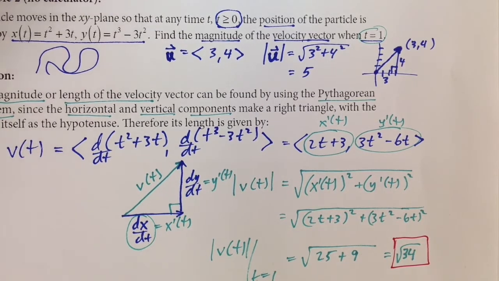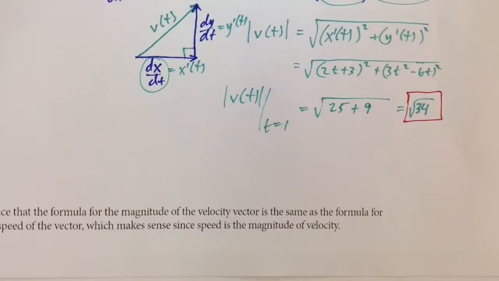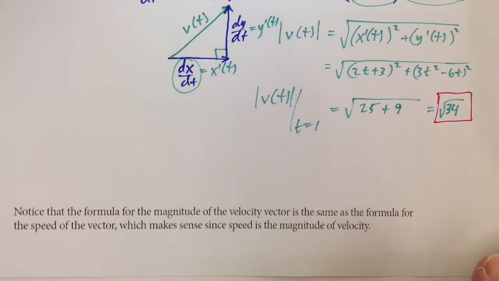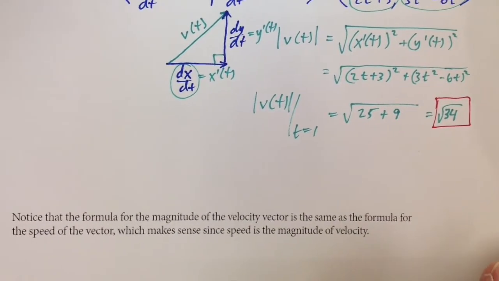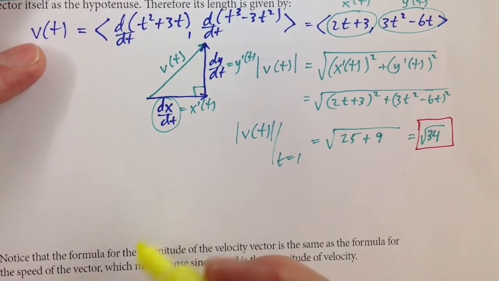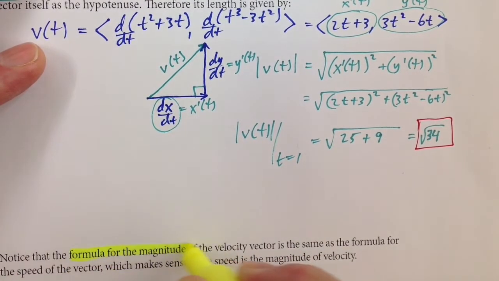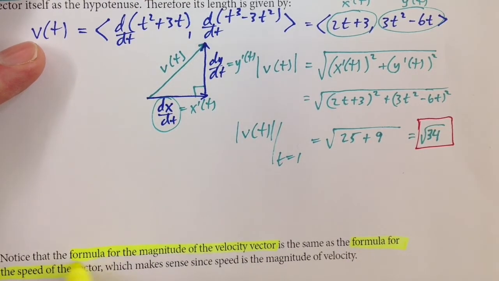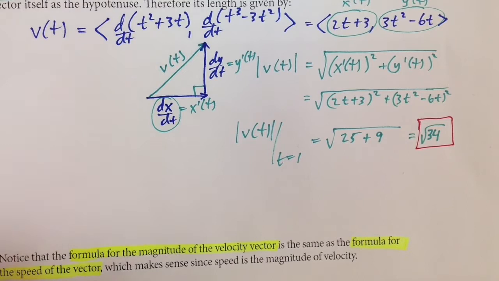One thing that I wanted to point out, I kept this in your notes here, is that the formula for the magnitude of the velocity vector, I'm running out of room there, is the same as the formula for the speed of the vector. And why is that?